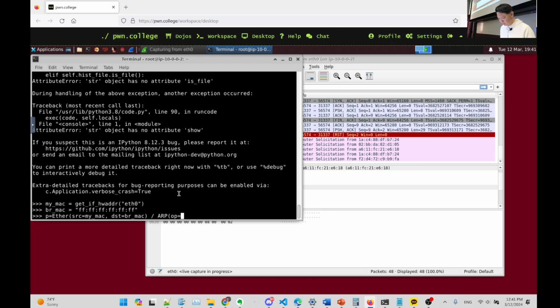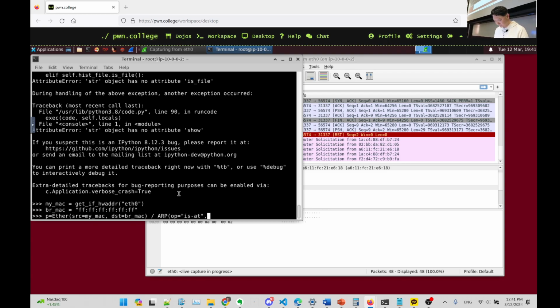So the op mode. To update the cache table, what kind of ARP packet do we need, what operation mode? Who-has? No, is-at, right? So you need to use is-at. That is the response packet.